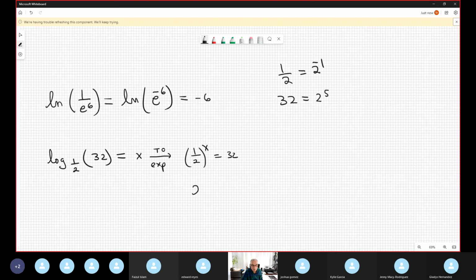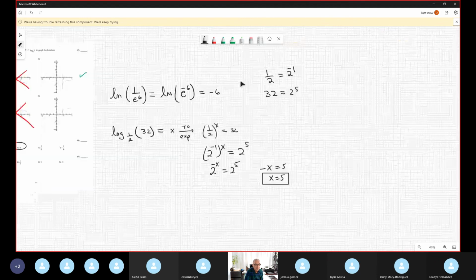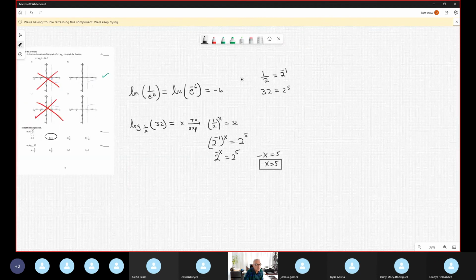So 2 raised to the minus 1, raised to x, is equal to 2 to the 5th power. Now multiplying, 2 to the minus x is equal to 2 to the 5th power. Then minus x is equal to 5. Therefore, x is equal to minus 5. The answer is C, option C.